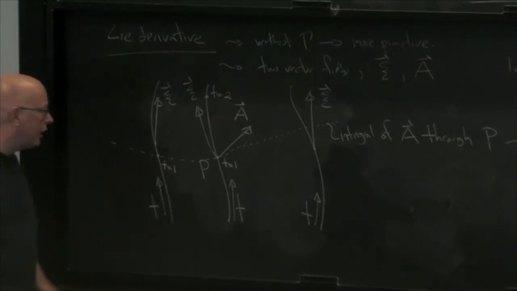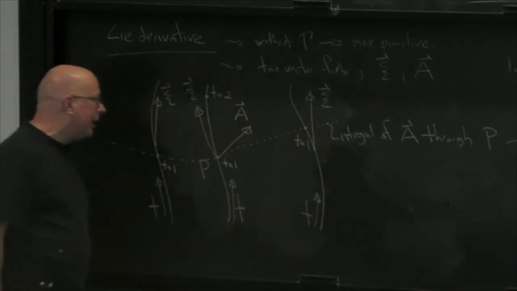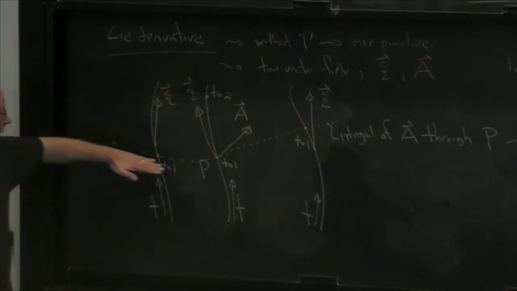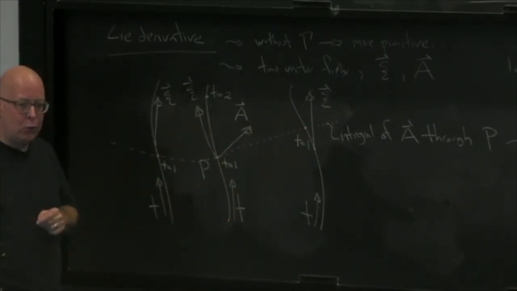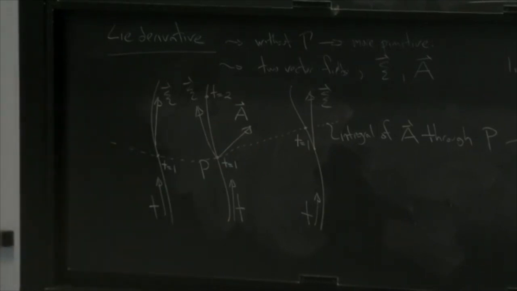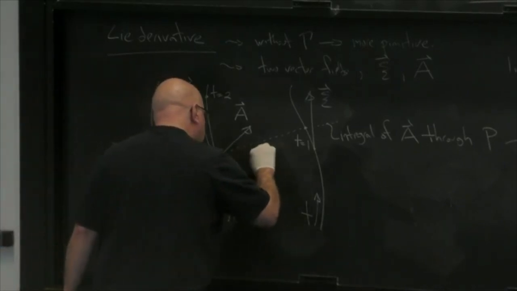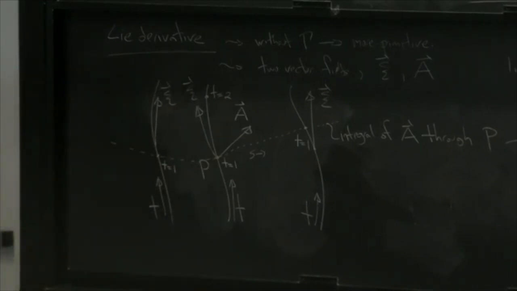So that's what I'm going to do here. And I'm going to do the same thing over here. So I'm basically adjusting the parameterization so that this integral curve crosses those ones with a constant value of their parameter. Can always do that, and there's no harm in doing it, and it's going to simplify our life in a few moments. And then I have the parameter S that runs along that integral curve. Okay, so that's part of the setup.